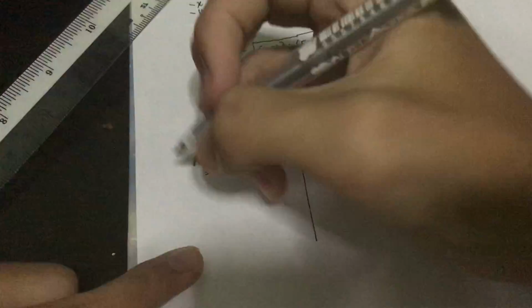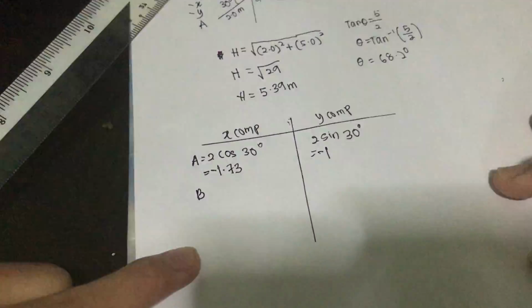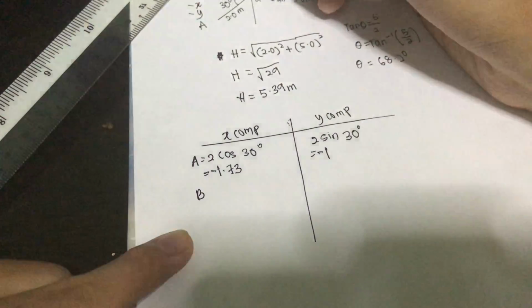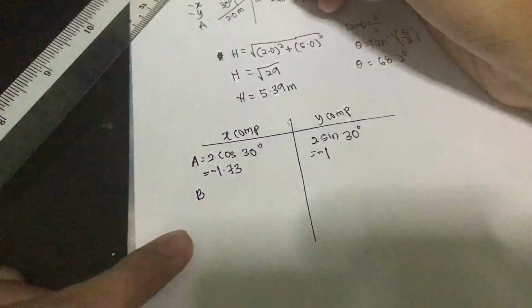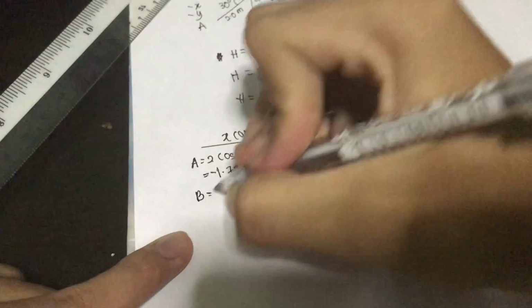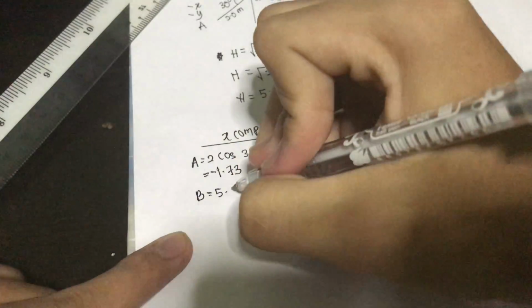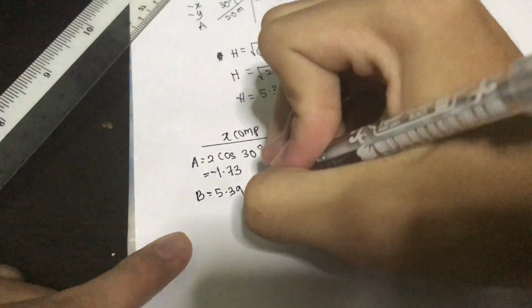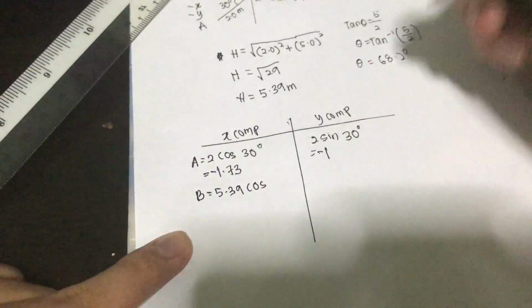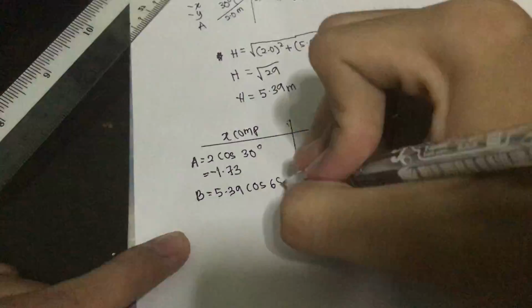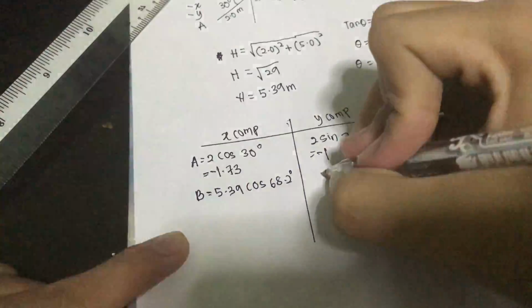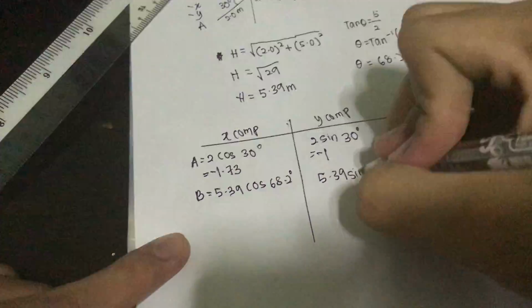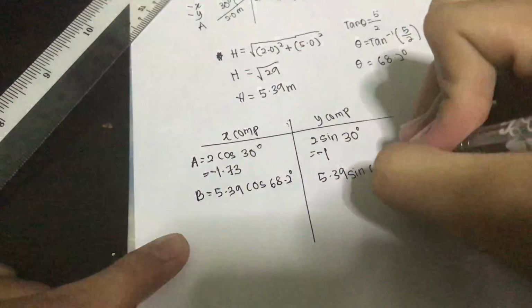For B, the hypotenuse, or magnitude, is 5.39. So the x component is 5.39 cos 68.2 and the y component is 5.39 sin 68.2.